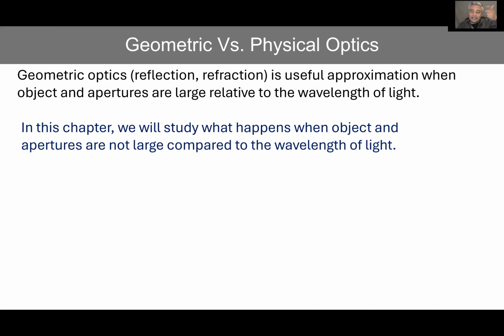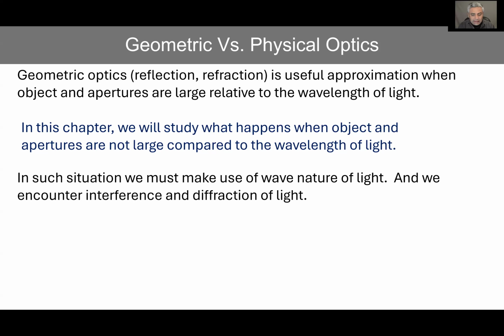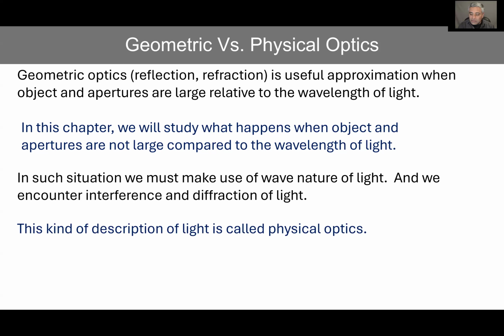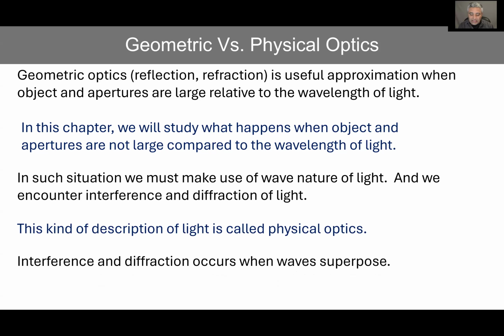Still, rays of light, or geometric optics, works. But when it gets even smaller than that, and there are devices that we use for that, then in that case we have to use this physical optics, or the wave description, okay? And that's what we are doing, and that's where we get interference and diffraction.